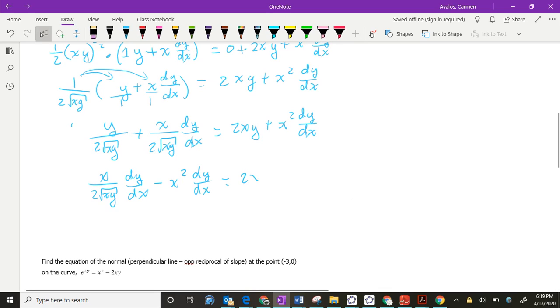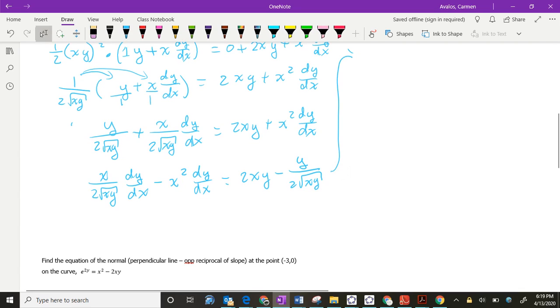I'm leaving this one on this side, and I'm going to have y over 2 square root of xy. Notice how I have the dy/dx's on this side, and I have no dy/dx's on that side. So we're on the right process.